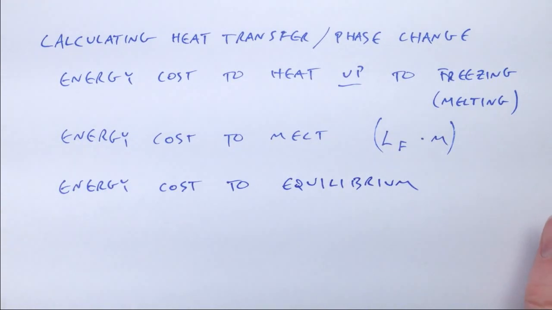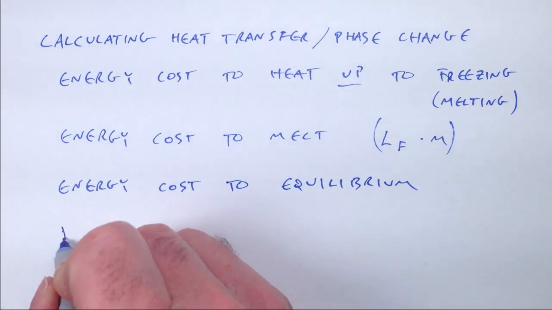Energy cost to equilibrium. So I did the problem in which 30 grams of ice at -10 degrees were put into 270 grams of water at 90 degrees. Whew. Here it is. Here's your assignment.